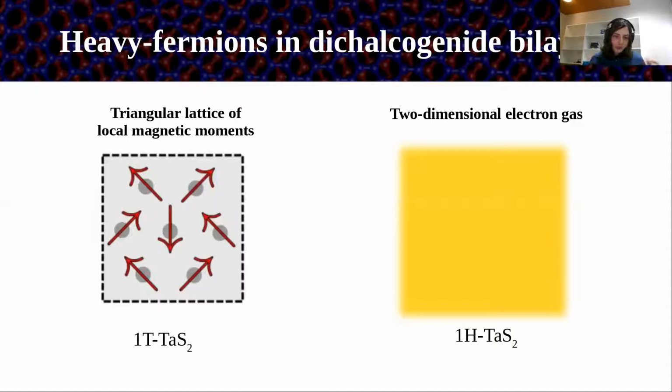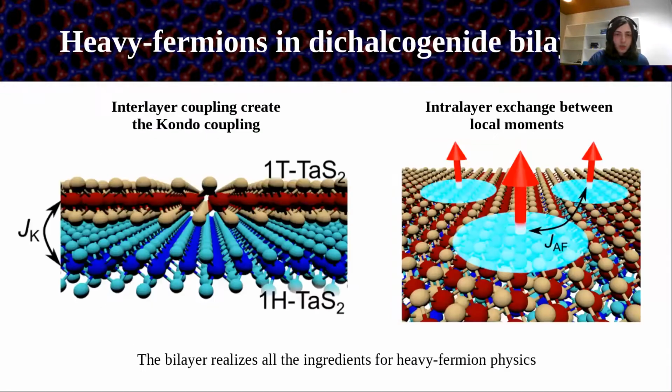And to realize this, we essentially take two different dichalcogenides, 1T TaS2 and 1H TaS2. So 1T is a correlated Mott insulator showing local magnetic moments, and 1H is essentially a metal. So the heterostructure is actually pretty simple.